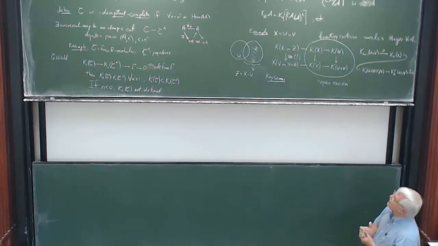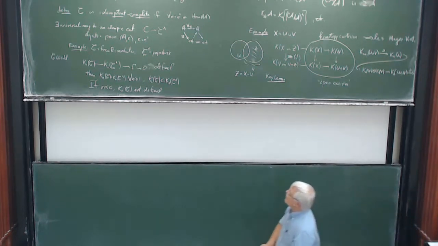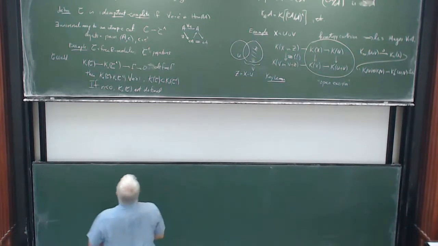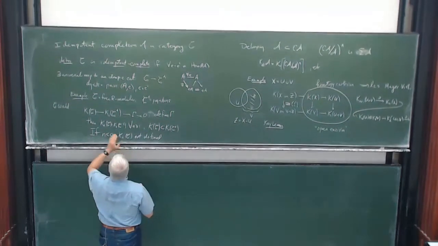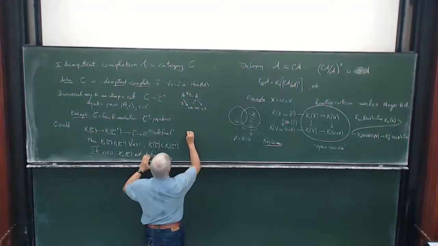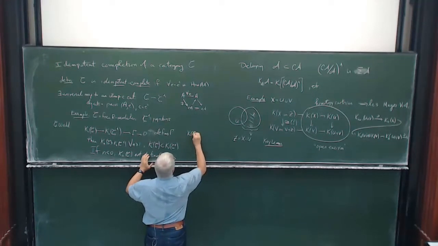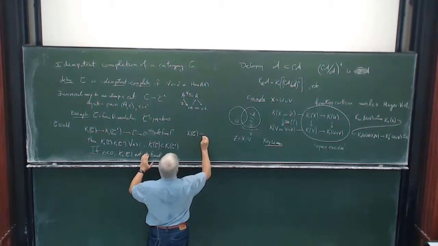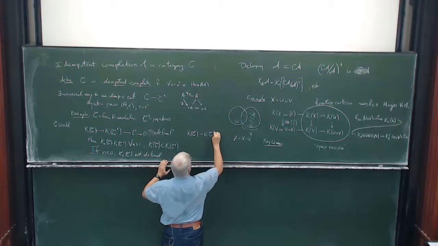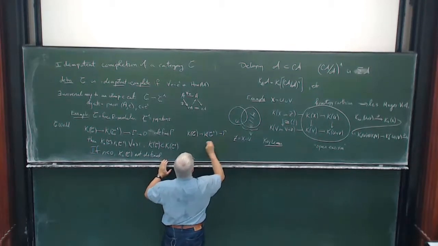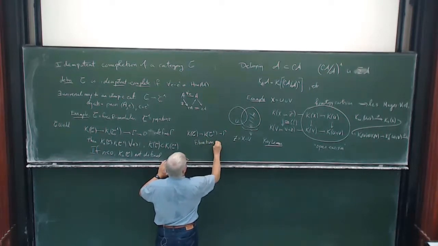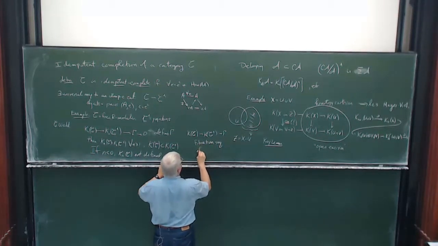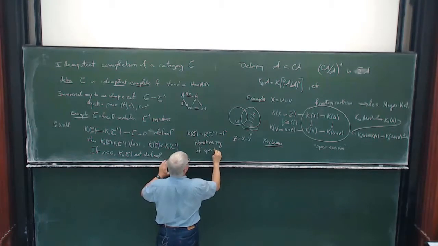I didn't say this, but when I wrote K0 here, if I did K of C to K of C hat to gamma, this is actually a fibration sequence of spectra.